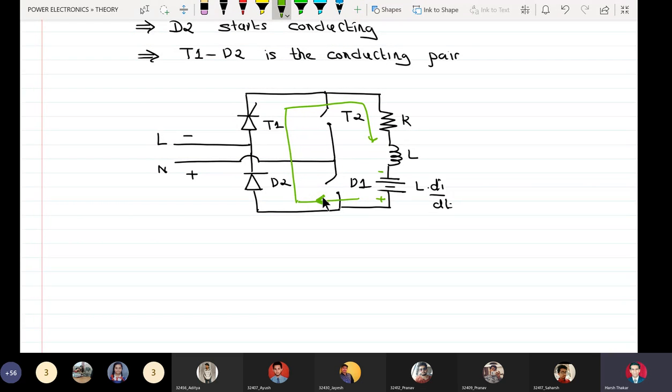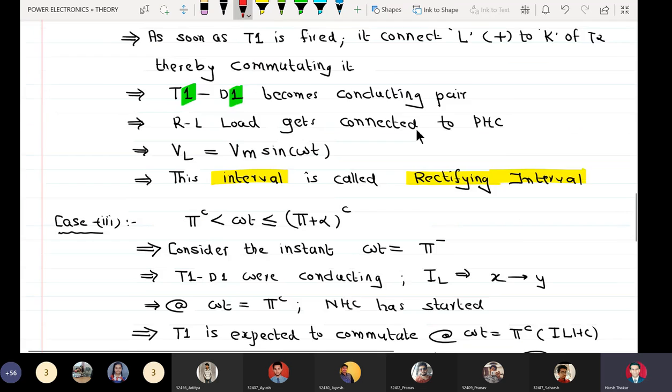Again we see a freewheeling action but through T1 and D2. Okay, so now in this case again we can say load voltage is equal to 0 volts. Okay, so we can make a similar diagram here.